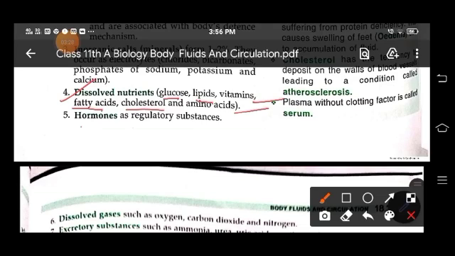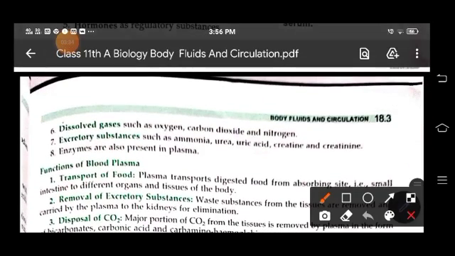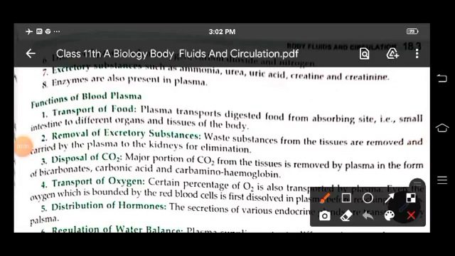It also carries hormones present in our body, and dissolved gases like oxygen, carbon dioxide, and nitrogen. Excretory substances like ammonia, urea, and uric acid also pass through the blood, and enzymes are also present in the plasma part.